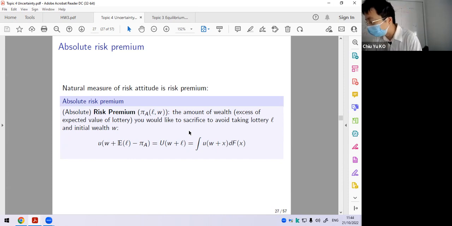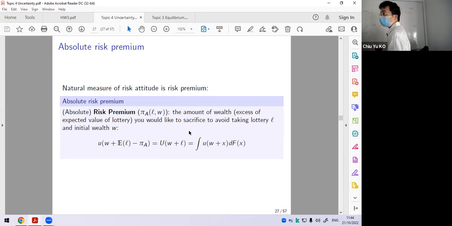Or use the notation, the big U. Maybe I should be a little bit more careful. And in that case, it's the expected utility.